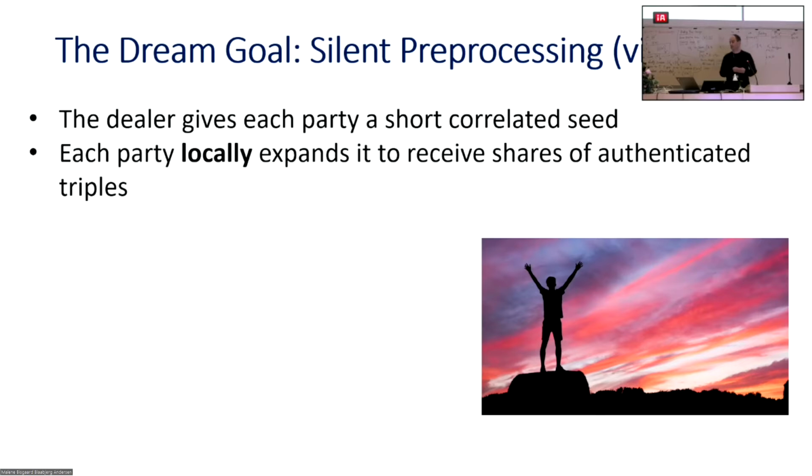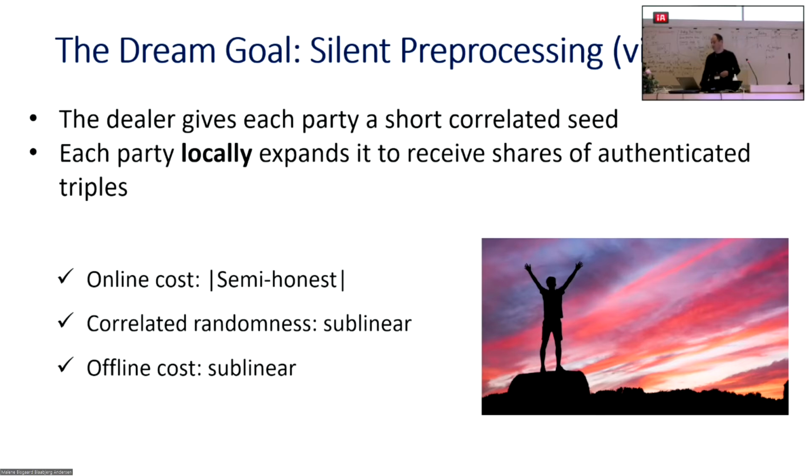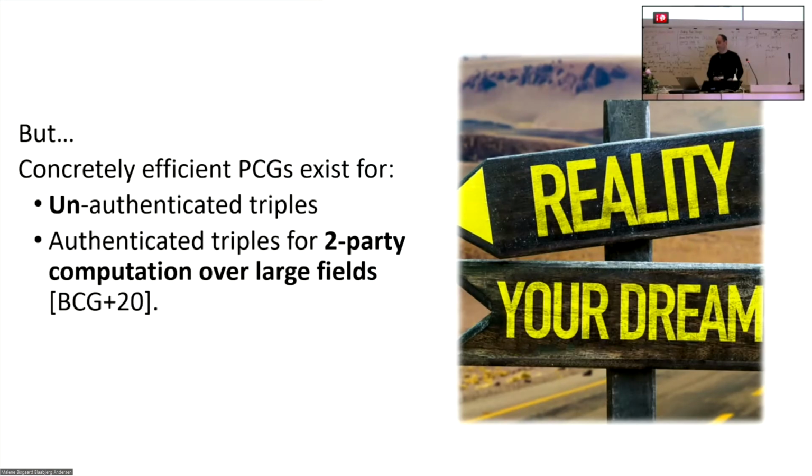If we had such an amazing tool, then the online cost would remain the same, but we would be able to compress the correlated randomness, because now each party needs only to store his short seed. And also the offline cost will become sublinear, because the parties will only need to interact to generate these correlated seeds. However, this tool still does not exist, or at least only partially exists.